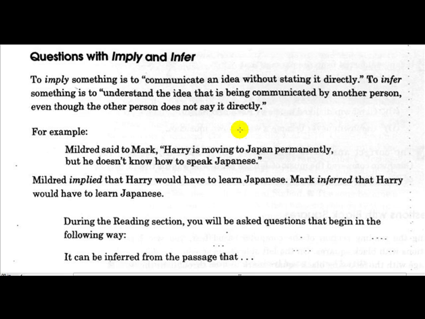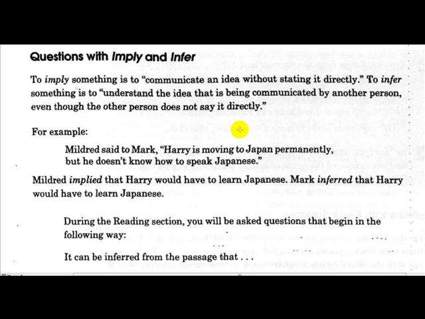For example, Mildred said to Mark, "Harry is moving to Japan permanently but he doesn't know how to speak Japanese." Mildred implied that Harry would have to learn Japanese. Mark inferred that Harry would have to learn Japanese.